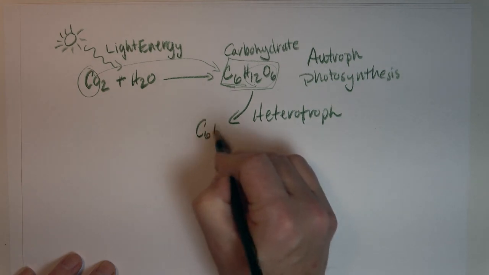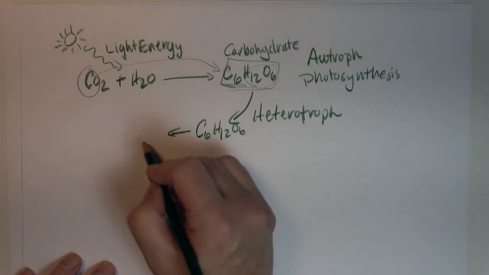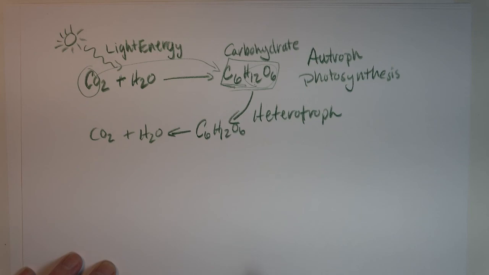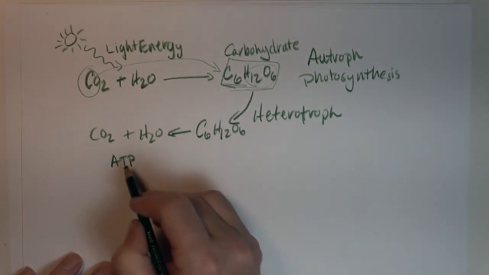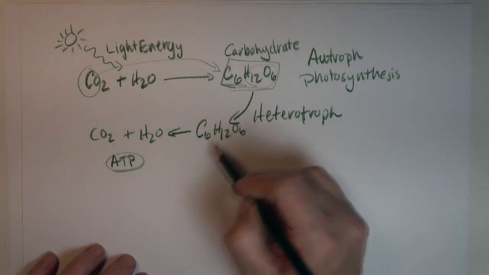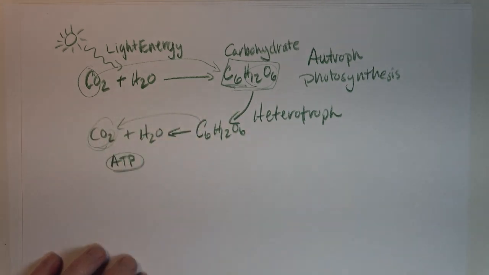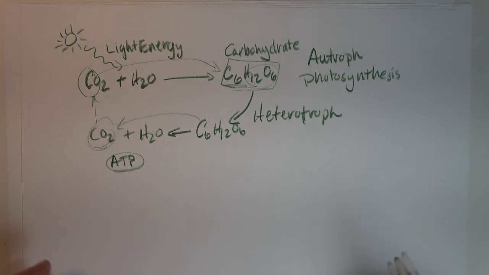I'm just going to write the carbohydrate again. It's going to break this back down into water and carbon dioxide. And in the process, we also get some chemical energy in the form of ATP. The carbon dioxide is given off as a waste product and goes back into the atmosphere, where it can diffuse back in and an autotroph can pick it back up.